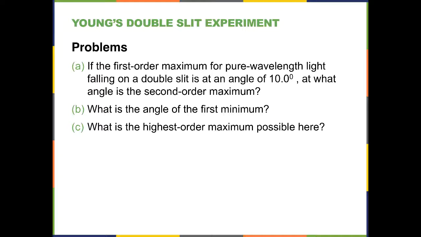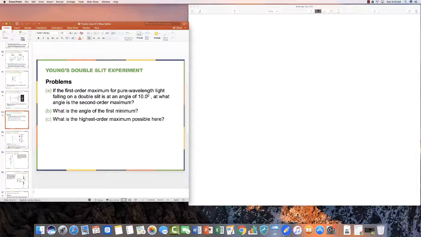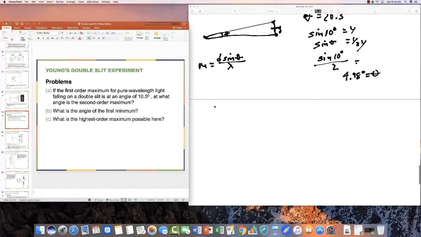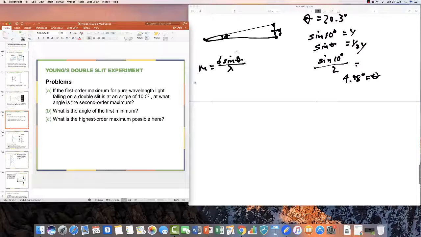I want to start the second part with this problem that I stopped at the end of the last part. And the reason I want to start with this is to show you that this part C, regrettably, cannot be done without more information than was given in the problem. If you look, in order to do this, you have to know not only the angle involved, but also the wavelength and the distance between the two slits.